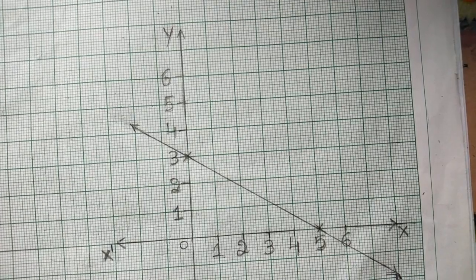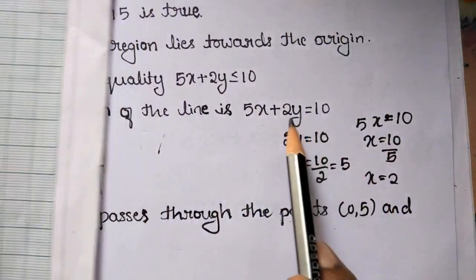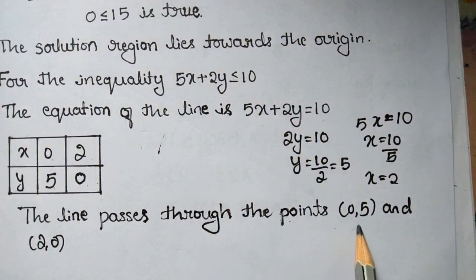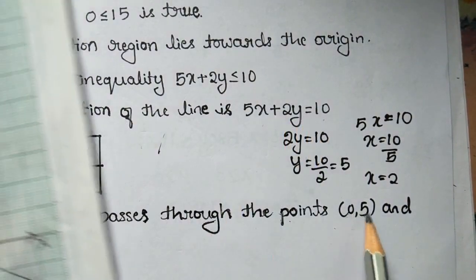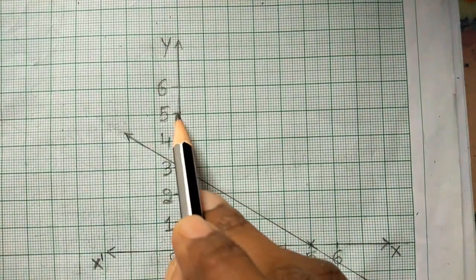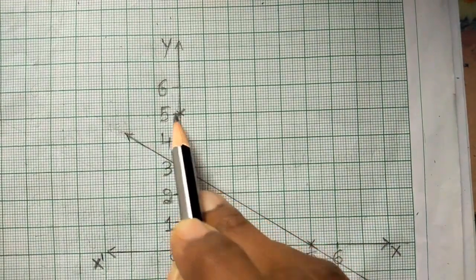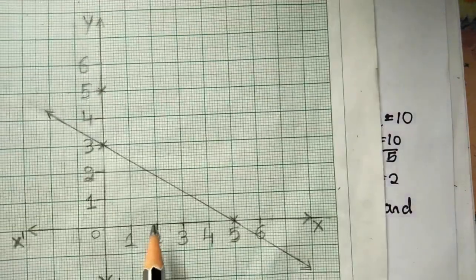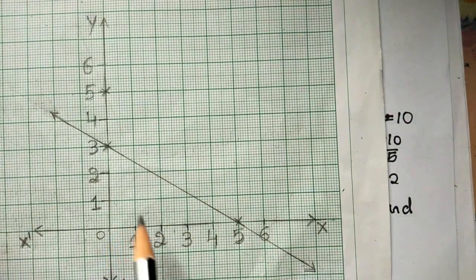For the second line, the equation of the second line is here, and the line passes through the points (0, 5). When x is 0, y is 5. Here is the point. And another point is (2, 0). When x is 2, y is 0.